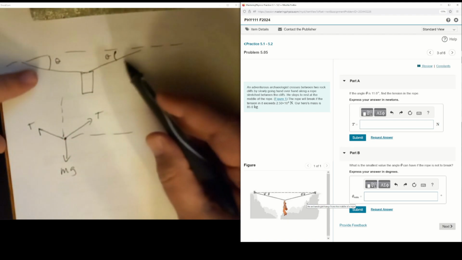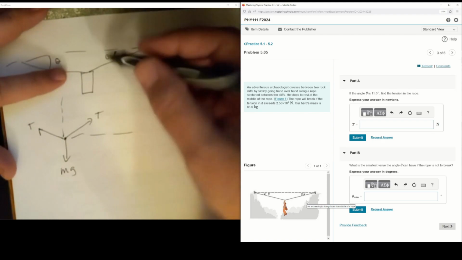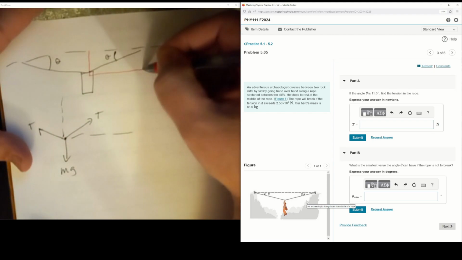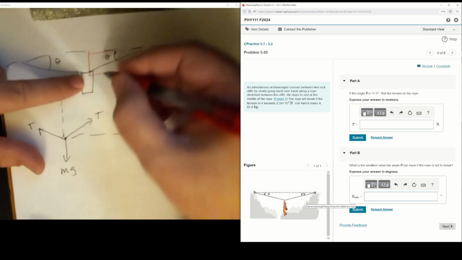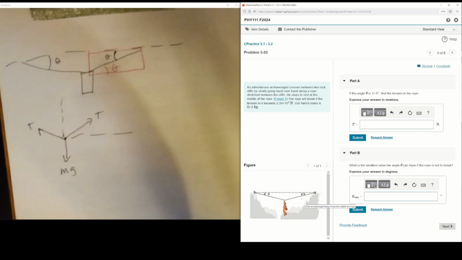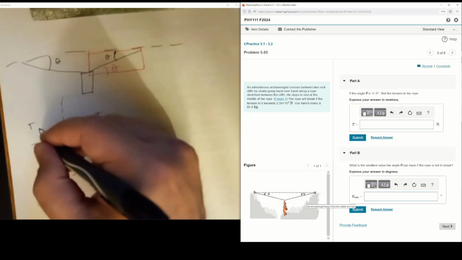The angle needs to get onto our picture, so let me use a red pen and make a rectangle right there. This angle is this angle, just from trig, and that means the angle is right here.